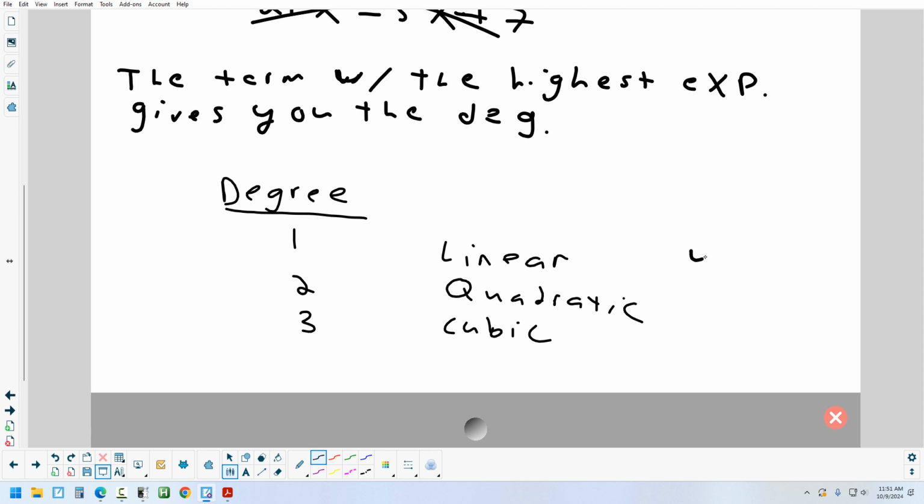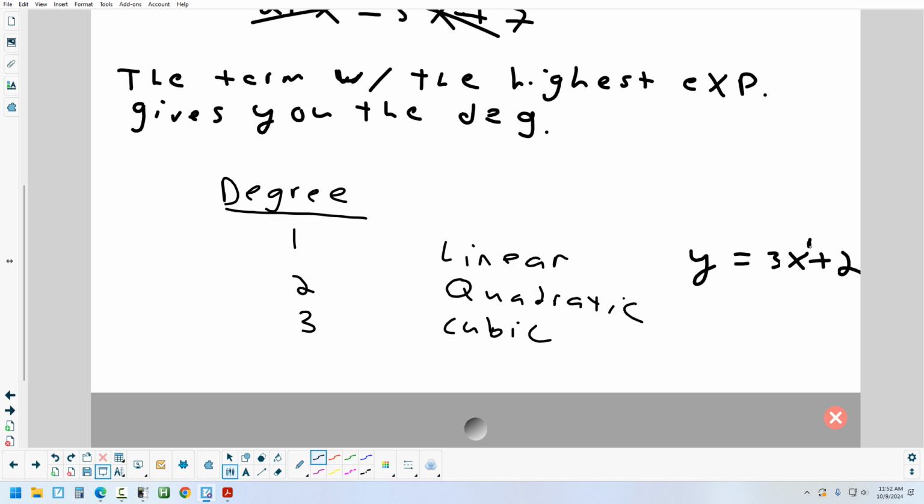So something that's linear is like y equals mx plus b. Look at the term with the highest exponent. Well, if you ever don't see an exponent on a letter, the exponent is always what number? Yeah, it's always a 1. So that's a linear polynomial.